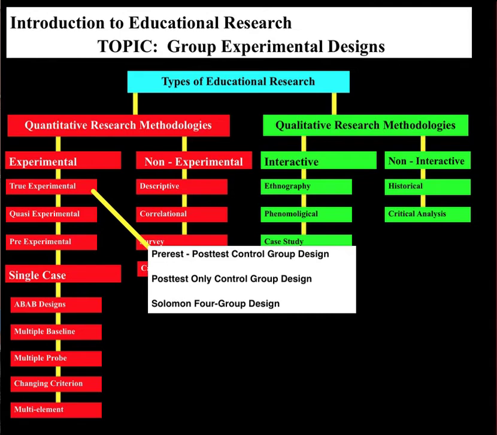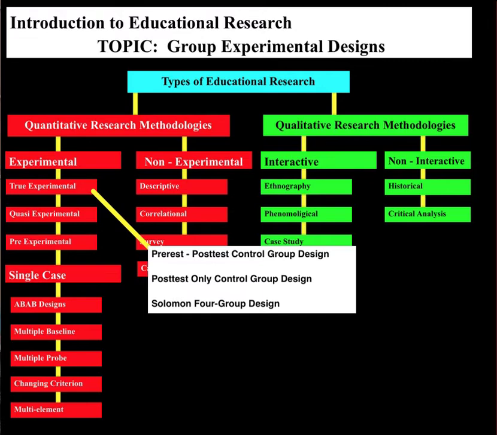Number 2, all true experimental designs have one thing in common that none of the other designs have: random assignment of participants to treatment groups. Now, ideally, participants should be randomly selected for the study and randomly assigned to groups within the study. However, to qualify as true experimental designs, there should be, at the very least, random assignment to groups.